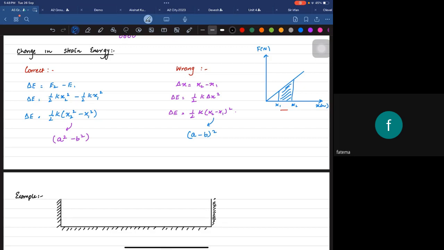They say there is a trolley which is right now in equilibrium, such that there are two springs. Let me change the color for the springs for better understanding.